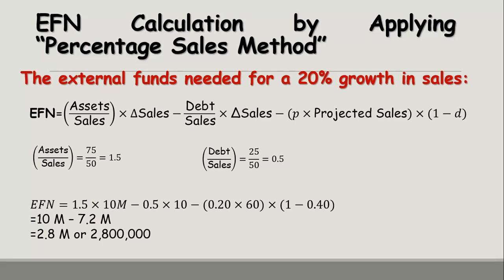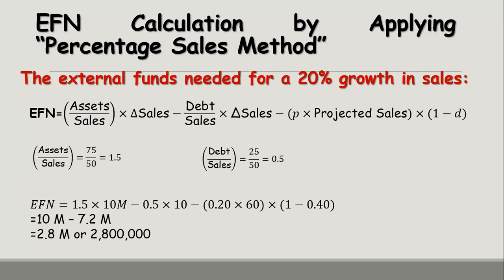So external financial need is equal to 10 million minus 7.2 million. It comes to 2 million and 8 lakh, our external financial need if the company's sales are going to grow by 20%. The external financial need comes to 2,800,000.